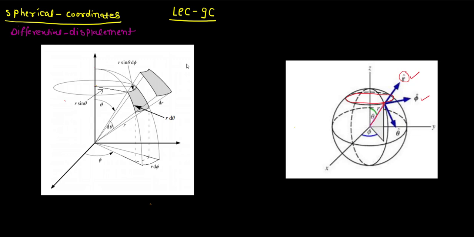Phi cap does not have any z component, so you just try to visualize that whenever you go into the direction of phi cap, you will be tracing this horizontal circle, and you will be making this cone. If you go into the direction of phi cap, the outer surface of this cone would be this horizontal circle.